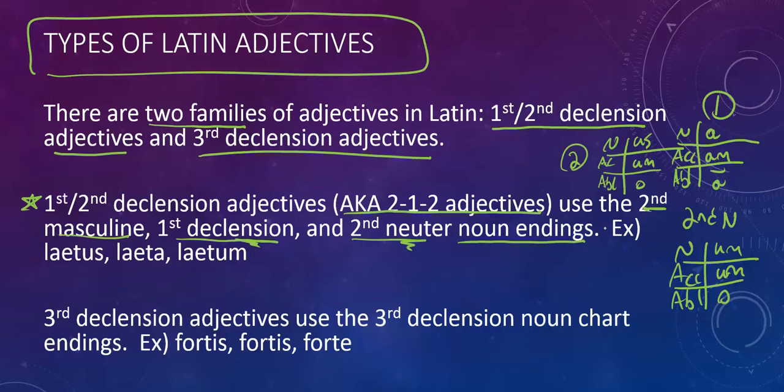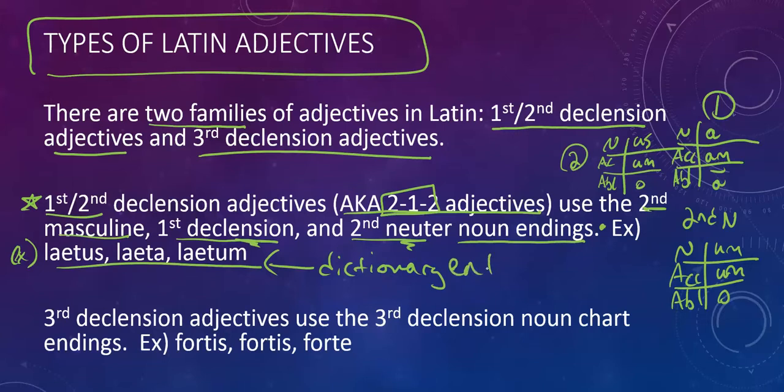So an example of this type of adjective, a 2-1-2 adjective, or a first-second adjective, is like what we already have. Lightus, lighta, lightum. That's what the dictionary entry looks like. Notice this one, the first word, tells us it can use second masculine because of that US.